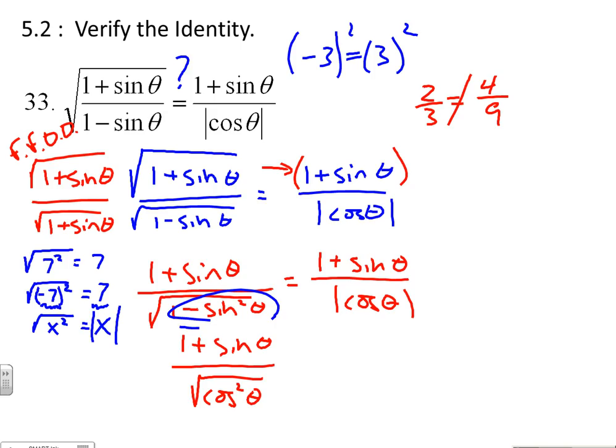Square root of x squared is the absolute value of x, and that's where we come up with, and I have run myself out of room here, so this is to be continued right here. That's where we come up with 1 plus sine of theta on absolute value cosine of theta.